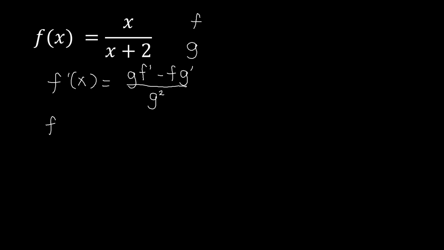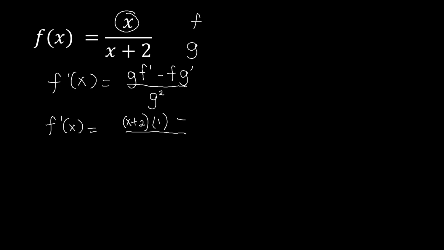So following that, we have f prime of x equal to: g is x plus 2. Then we go for f, getting the derivative of that. Our f is x here, and the derivative of that is 1.